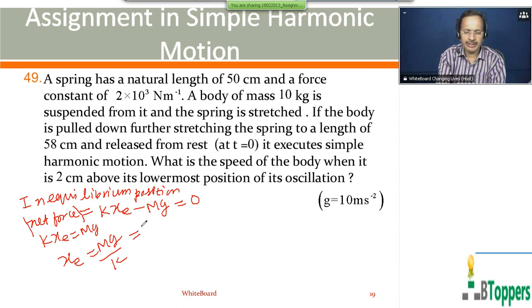Here the mass of the body is 10 kg, g is 10 meters per second square, so mg will be 100 newtons, 10 into 10 newtons. k is given as 2 into 10 cube newton per meter. So you get here 1 by 20 meters, or the elongation in the equilibrium position is 5 centimeters.